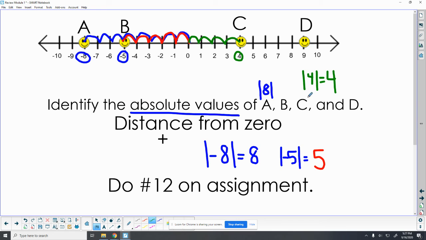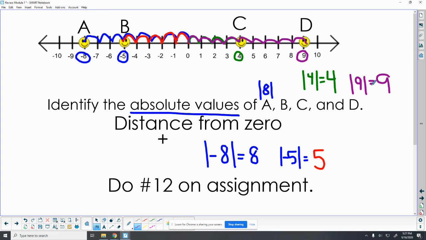So whether it started negative or positive, our answers for absolute values are going to end up as positives. And then we also have D here, which is at 9. And the absolute value is 1, 2, 3, 4, 5, 6, 7, 8, 9 units away.